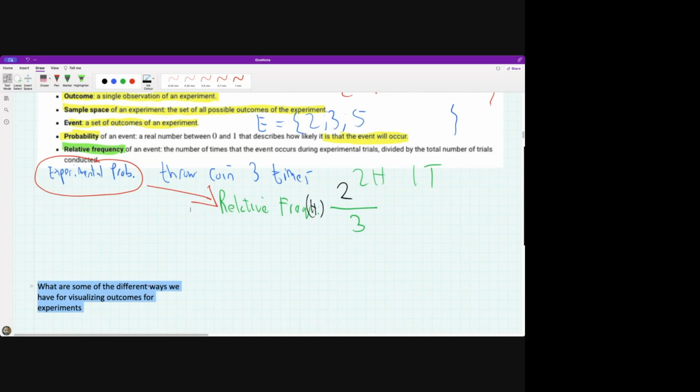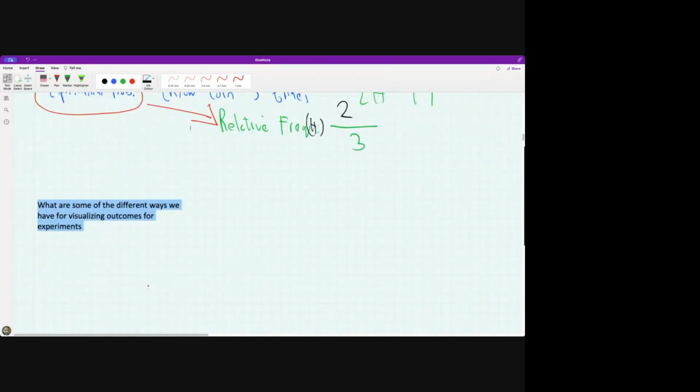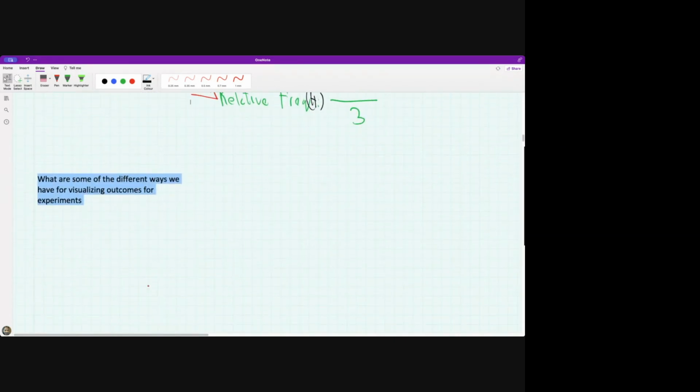Now, some other things that are going to come up in this section. We need tools that help us visualize how many different outcomes there are for events. So I'm going to give you all sorts of exciting events like cards, like choosing a card from a pack of cards, or flipping coins. And we need clever ways of visualizing them.